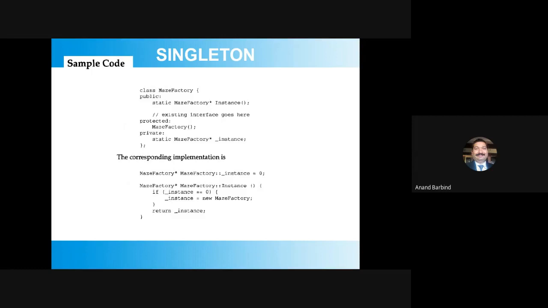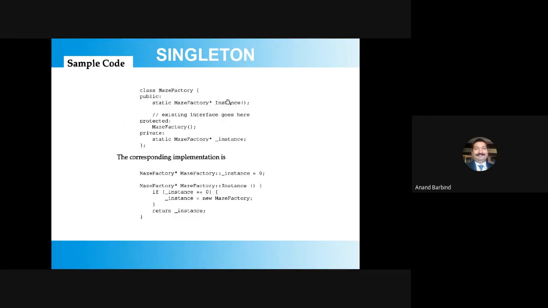As I have already discussed with you, you can change the name of that class. The name of the class need not be Singleton. So here it is MazeFactory. Then in the public part is the instance method, and the name of the instance method has not been changed here.